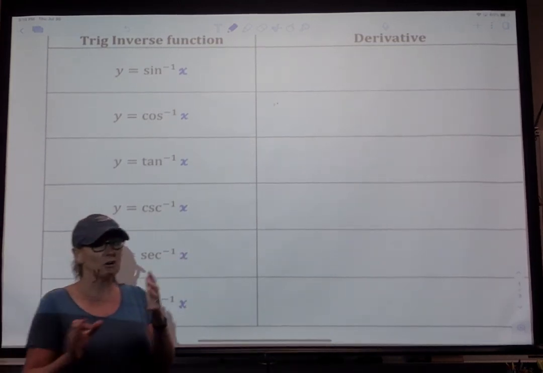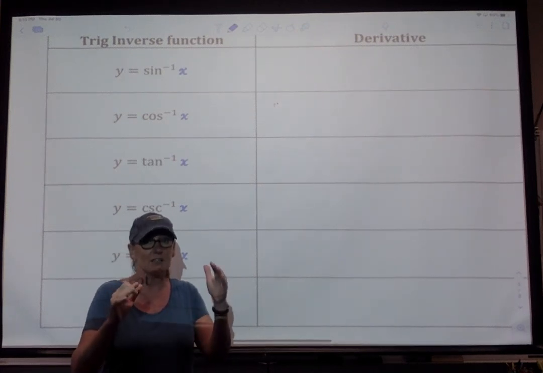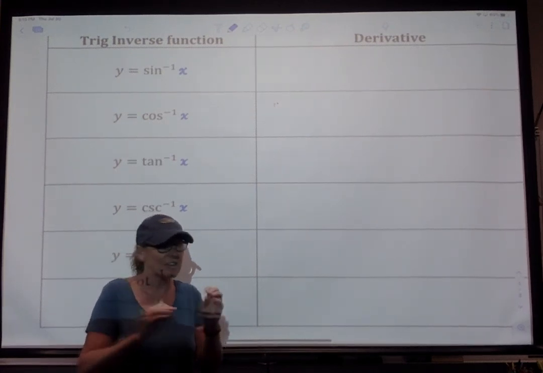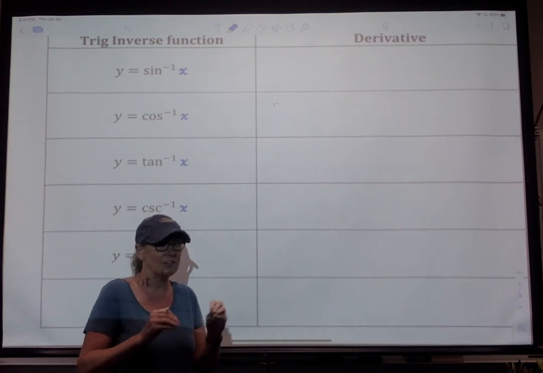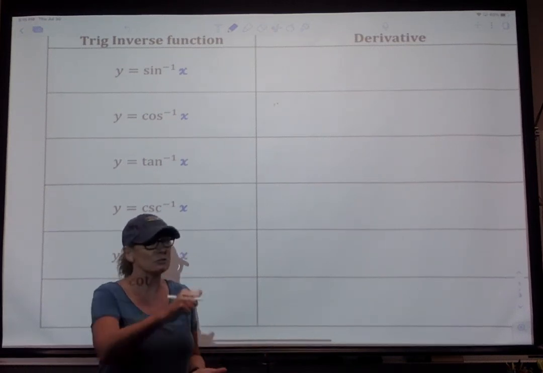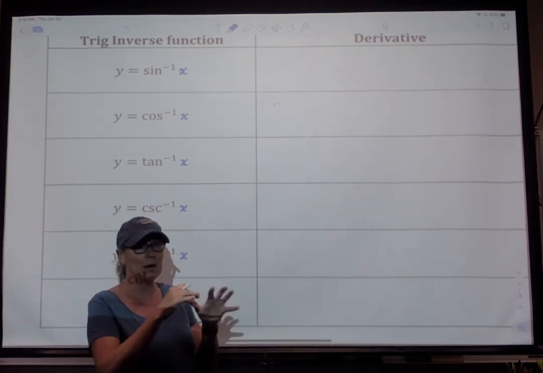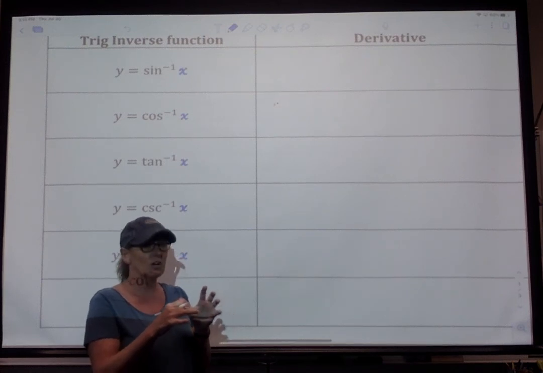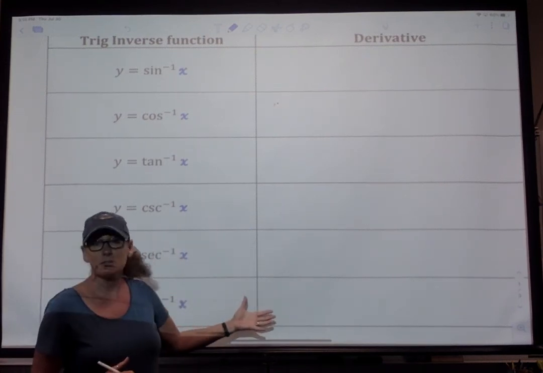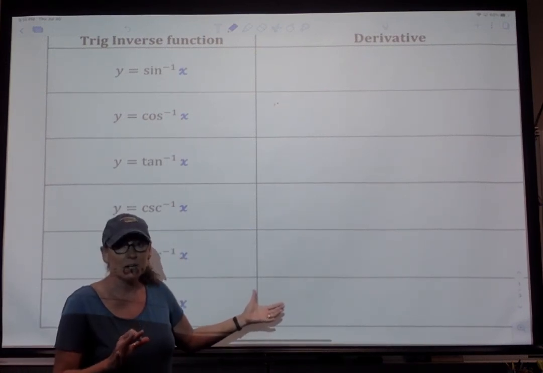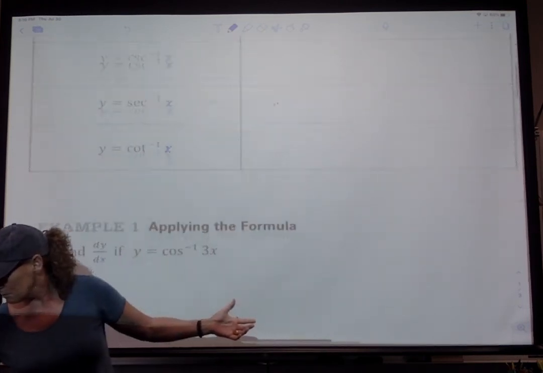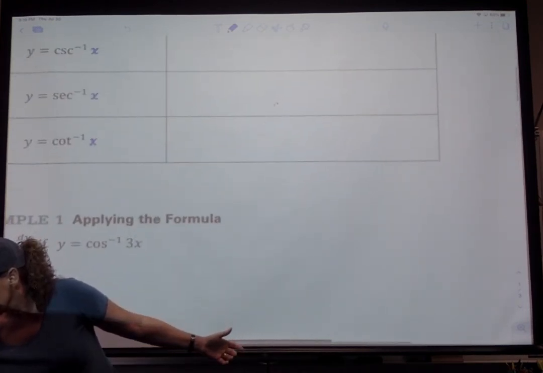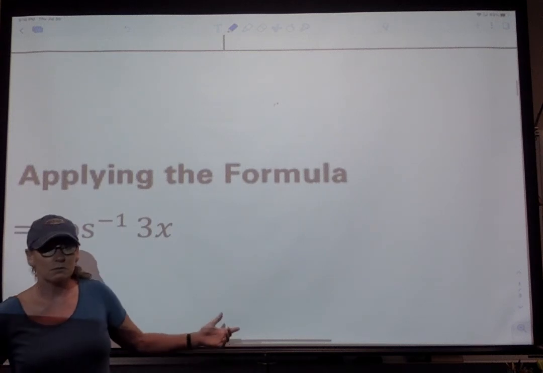So you remember when I taught you trig derivatives, the derivative of sine of x is cosine of x. When I first introduced those derivatives to you, we hadn't talked about messy yet. So I'm going to show you these without anything messy, but then they're going to get messy.